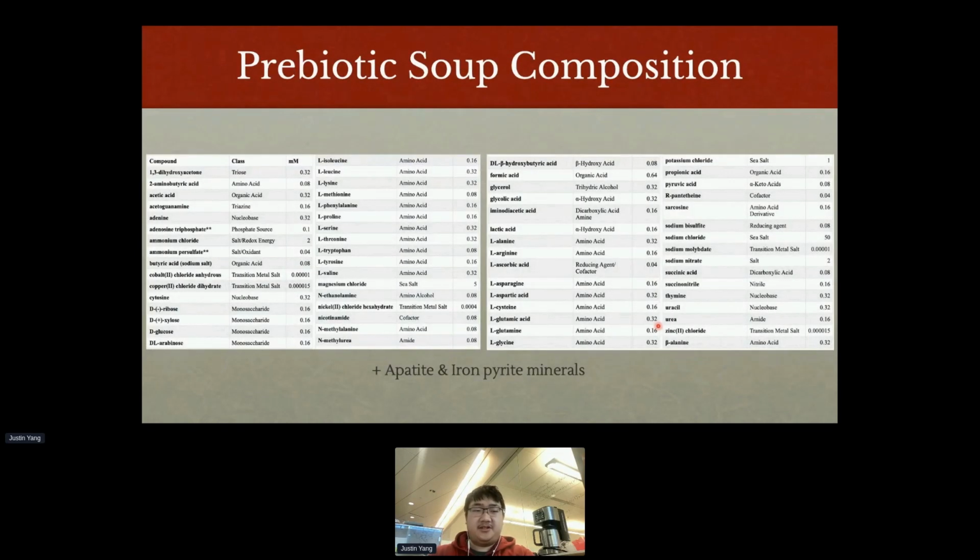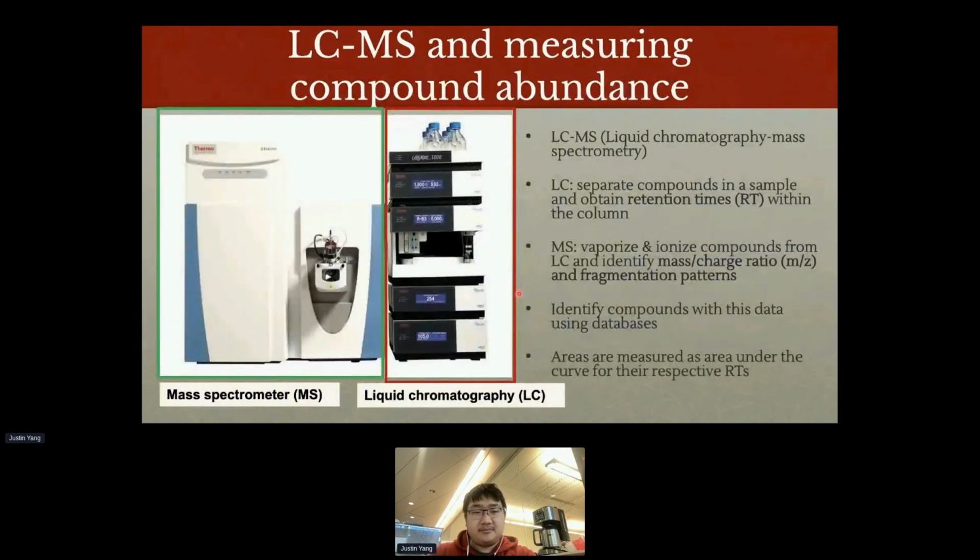Here pictured is the chemical composition of the prebiotic soup, which also includes apatite and iron pyrite materials. To analyze the contents of each of the replicates of the wells, we utilize LC-MS.